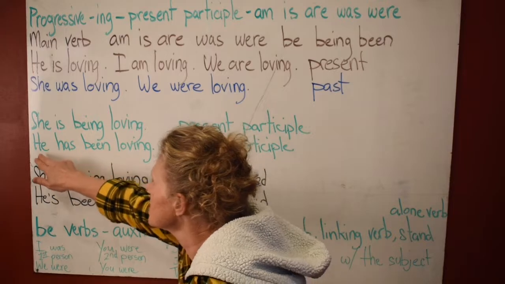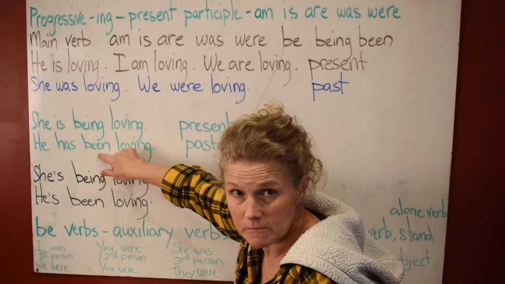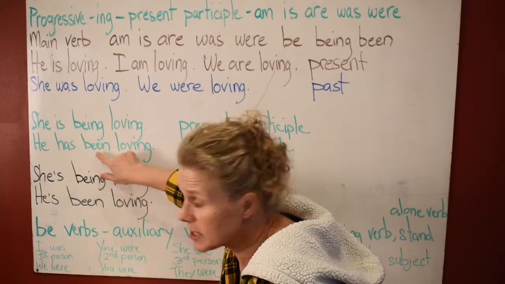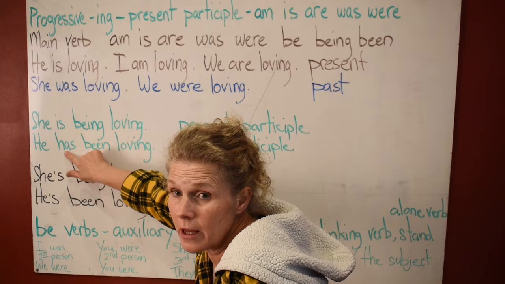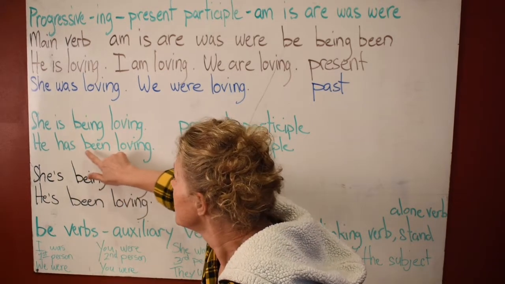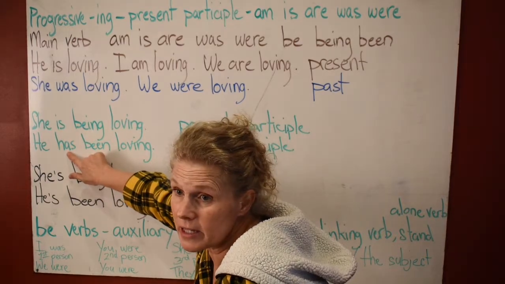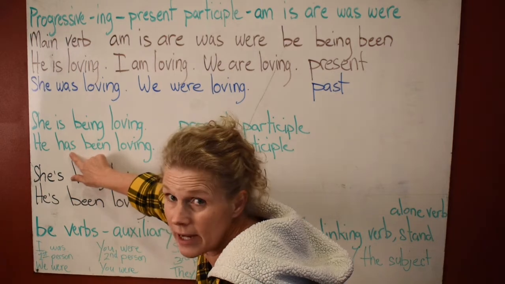This right here, he has been. This is perfect. All right? This is the perfect tense. So that means we have to use the auxiliary verb, the helping verb, that is in the present tense. Well, we're using present tense right here.